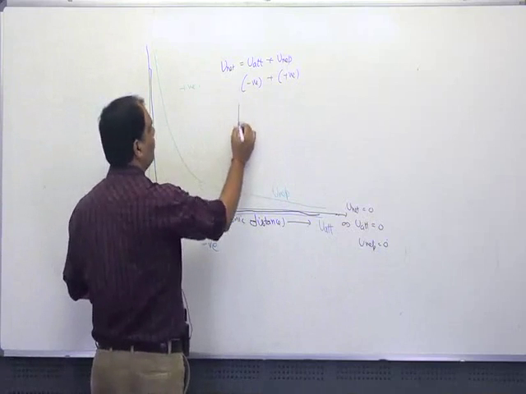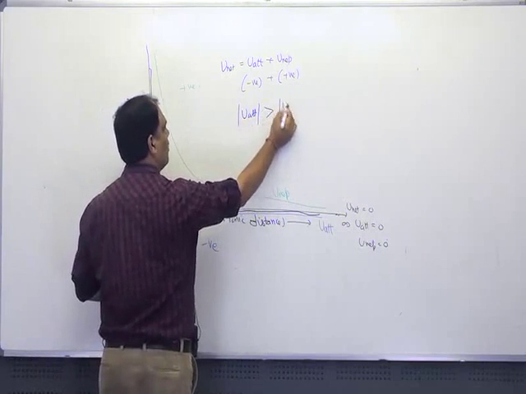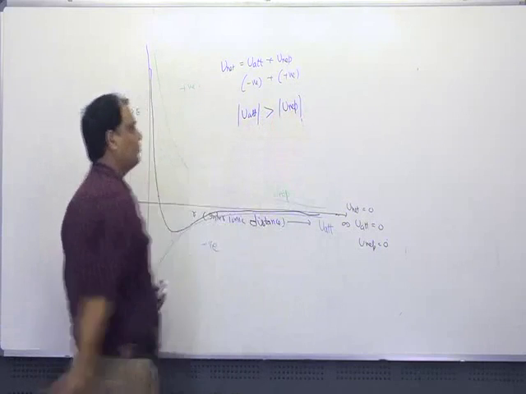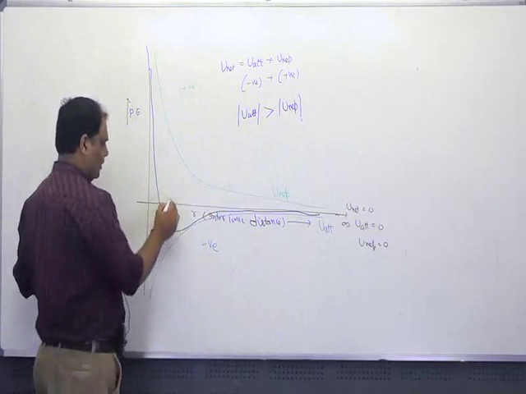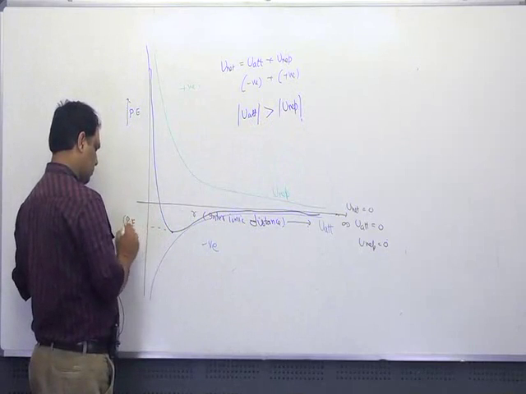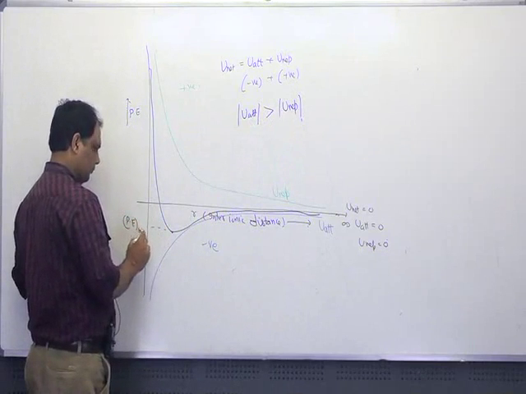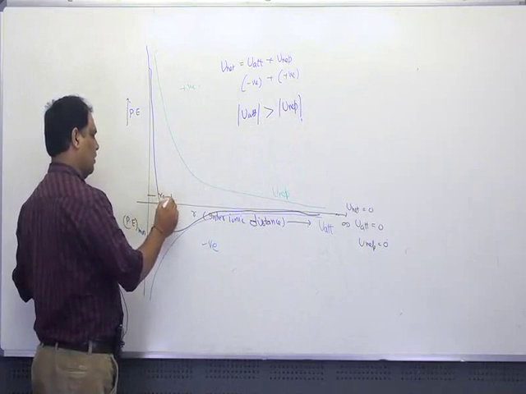We know that mod of U attractive will always be greater than mod of U repulsive. So the graph is like this, and this distance is the position of potential energy minimum, and this distance is referred to as R0.